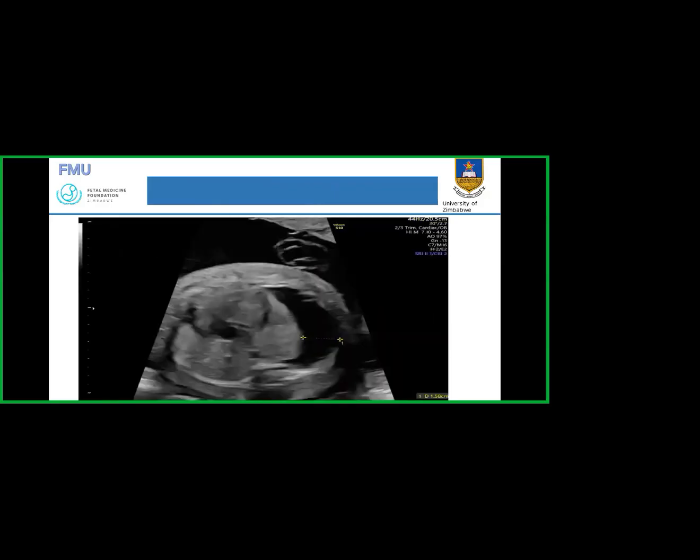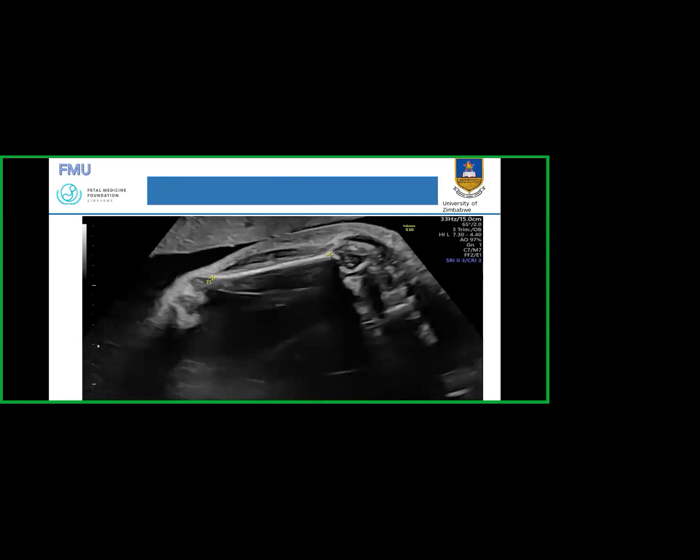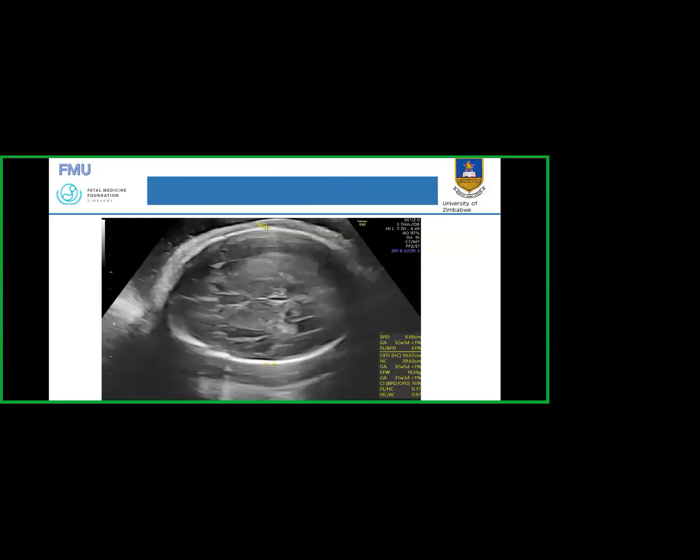On this picture, we can see fluid in the chest, a pleural effusion of about 1.58 centimeters. This was a measurement of the fetal biometry. This is the measurement of the head circumference.